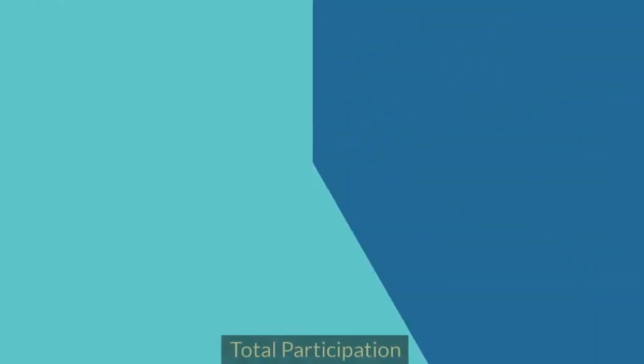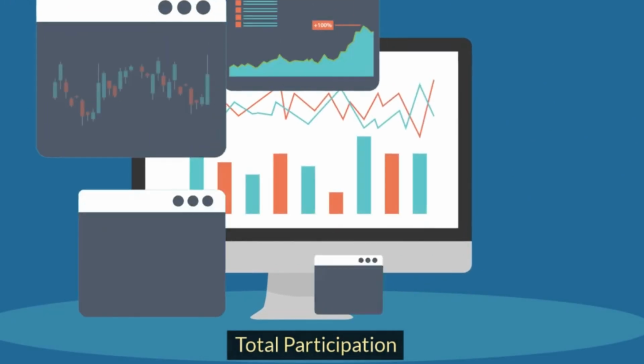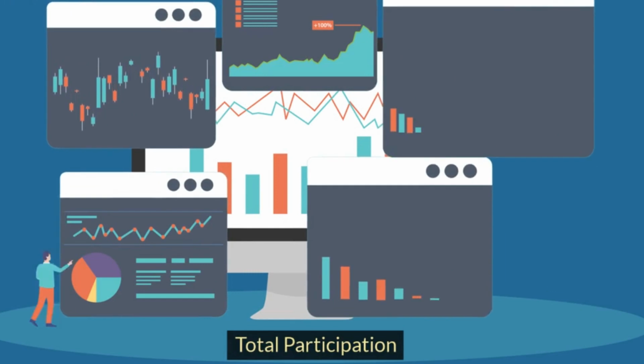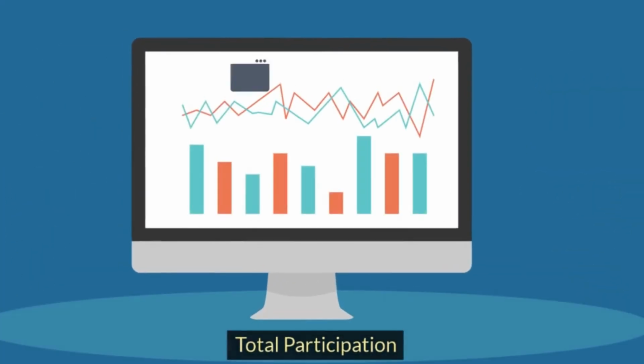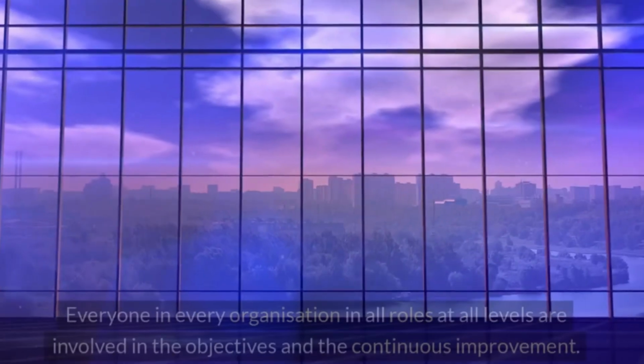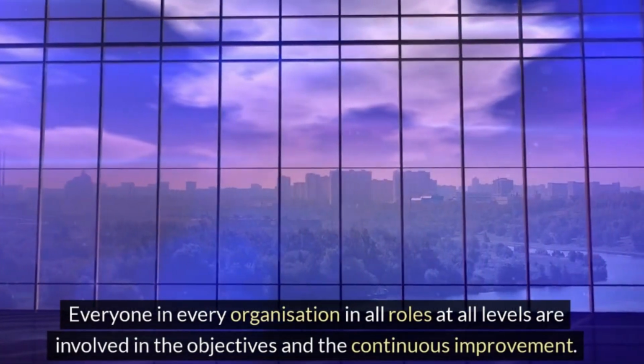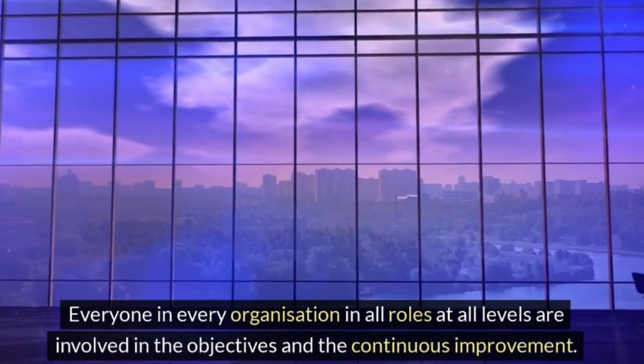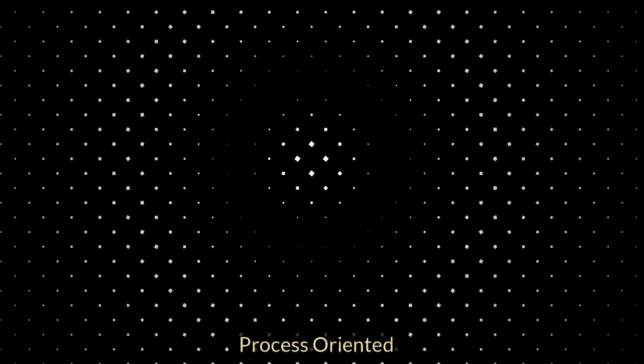The next one is total participation. Like we have talked about when we were defining the total quality management system, everyone in the organization, in all roles or at all levels, is involved in achieving the quality and the continuous improvement. The next characteristic is process oriented.